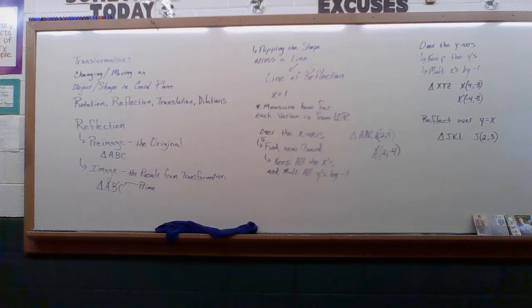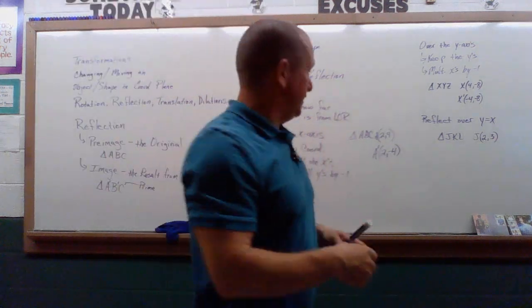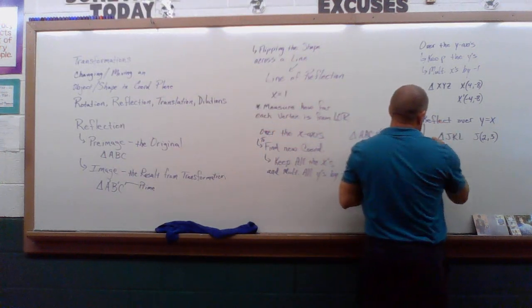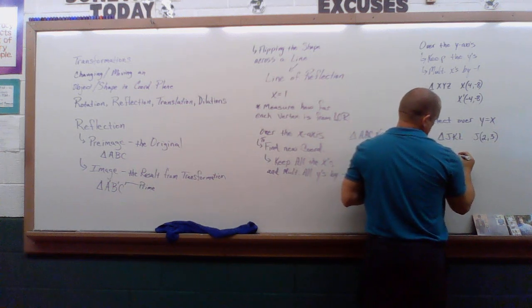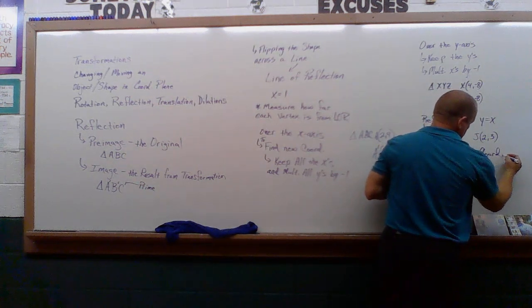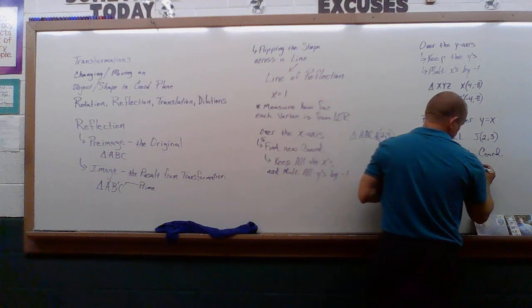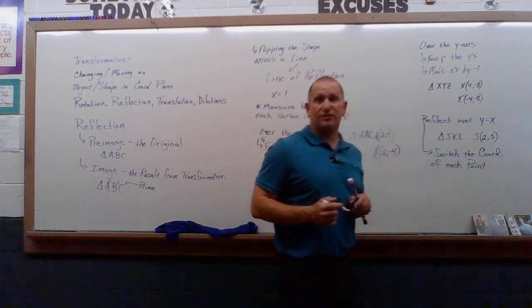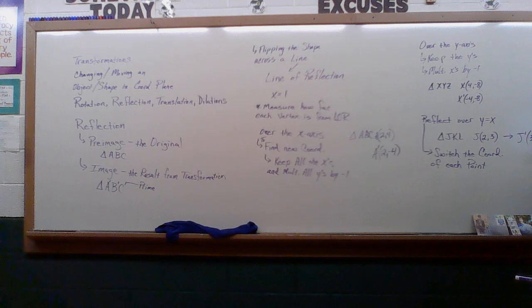If I'm going to take this and flip it over this way, what would I do with each of my points? Perfect. So, if you're going to reflect over this line, you switch the coordinates of each point. So you just flip-flop them. So, what's J prime here? Just flip-flop them, and we get 3, 2.